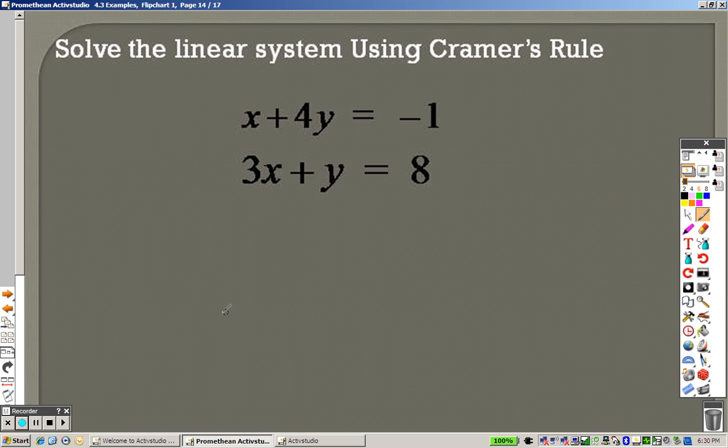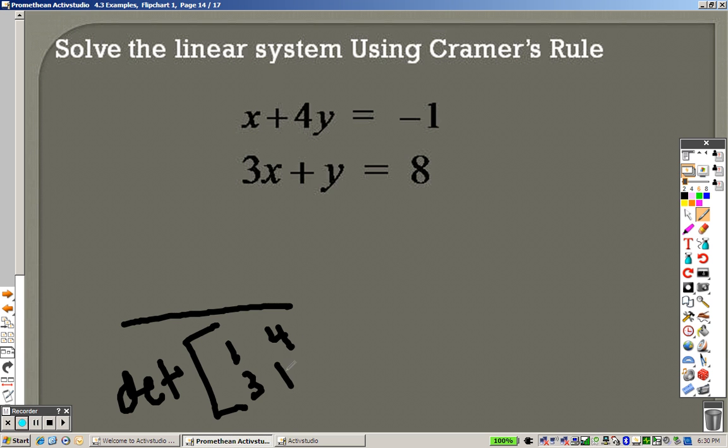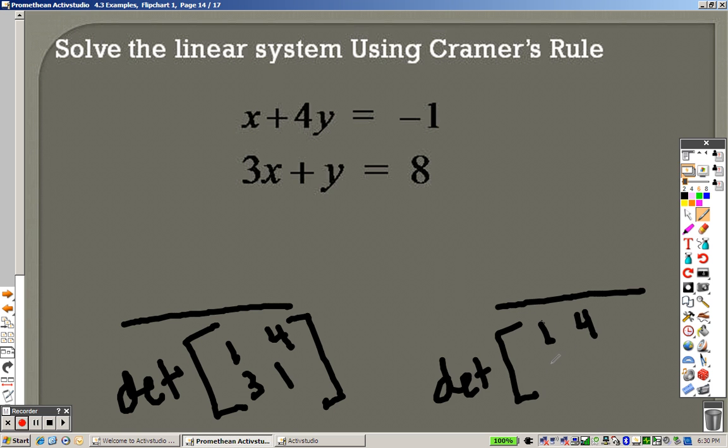And let's try it out here again. Determinant of 2 by 2. Again, it's 1, 4, 3, 1. And trying it out again over here, it's 1, 4, 3, 1.